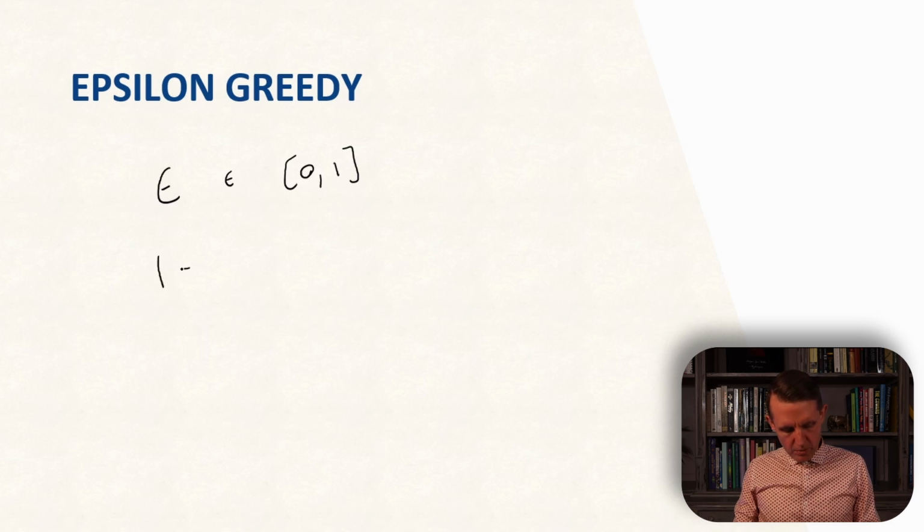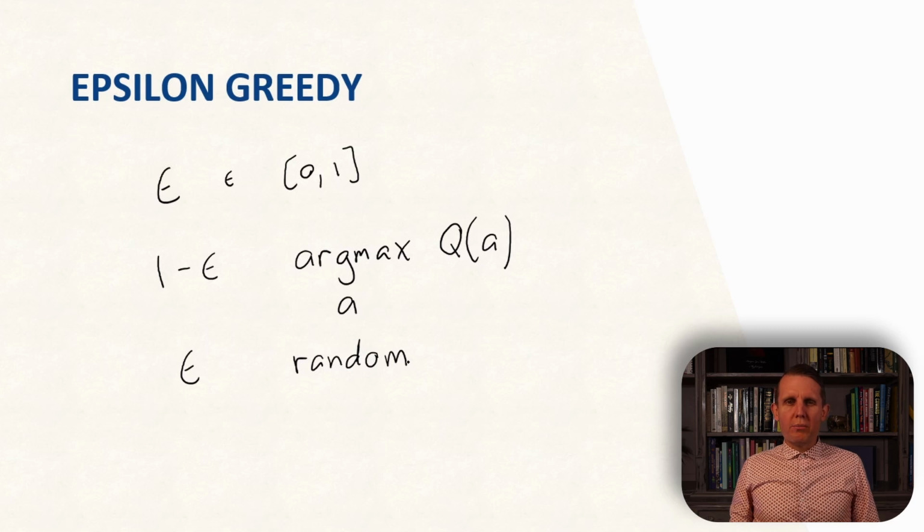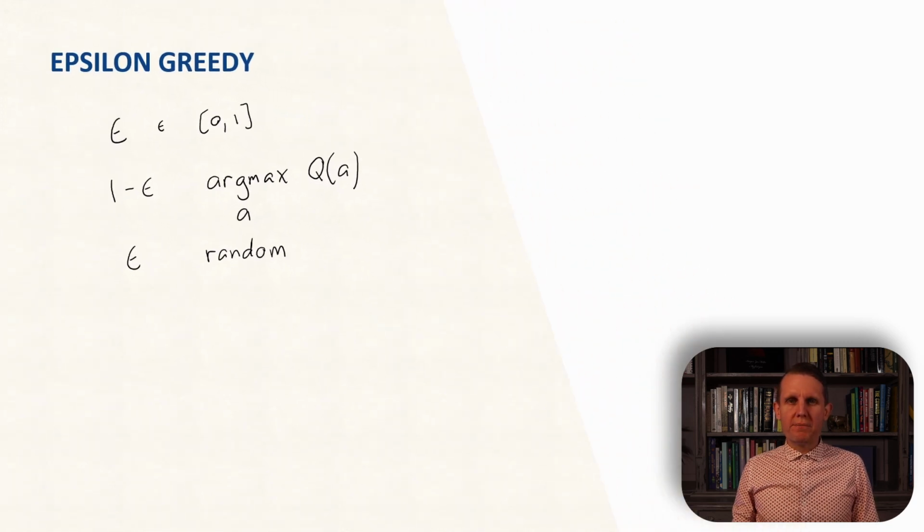With probability 1 minus epsilon, we choose the argmax, that is, we choose the arm with the highest Q value so far, or the highest cumulative average reward so far. And with probability epsilon, we choose a random action. Choosing random with probability epsilon is the exploration part, while choosing argmax with probability 1 minus epsilon is the exploitation.